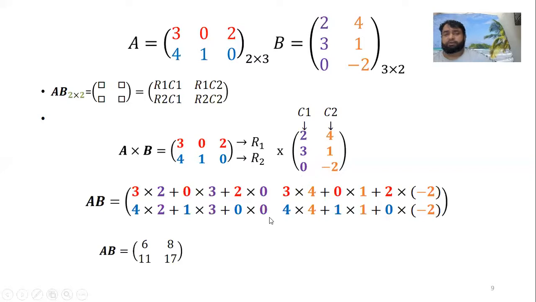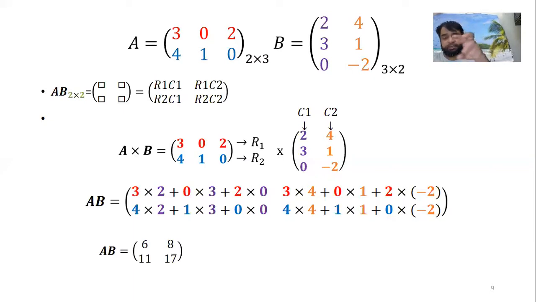This is what you always have to remember. First think about which element you are going to find, know the position of that element, and accordingly select the row from the first matrix and the column from the second matrix.